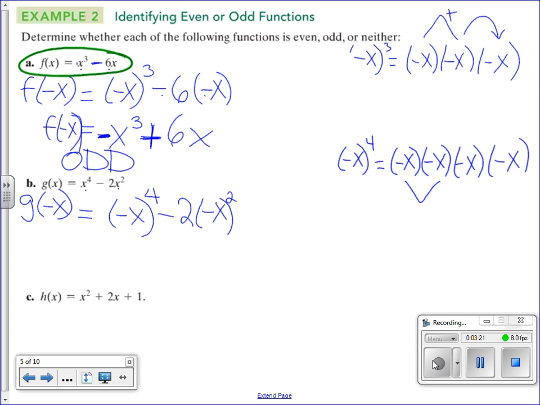And we know that if we multiply two negatives, we get a positive. So if we multiply a positive and a positive, we should get a positive answer, correct? So the answer for this is positive x to the fourth power.